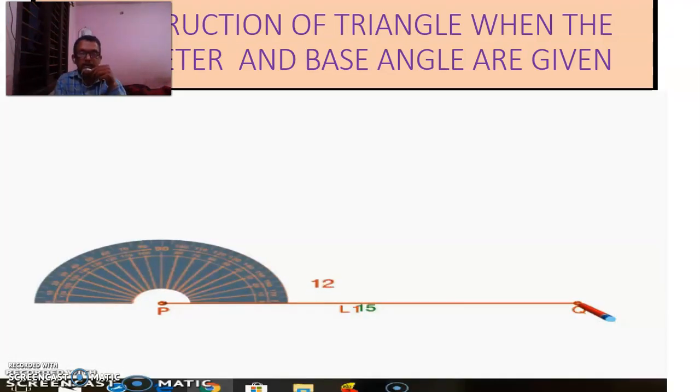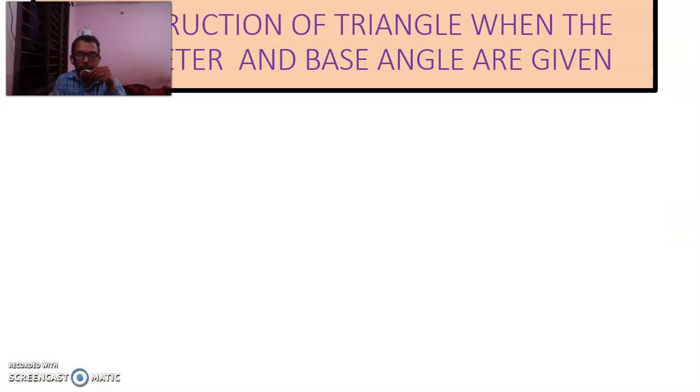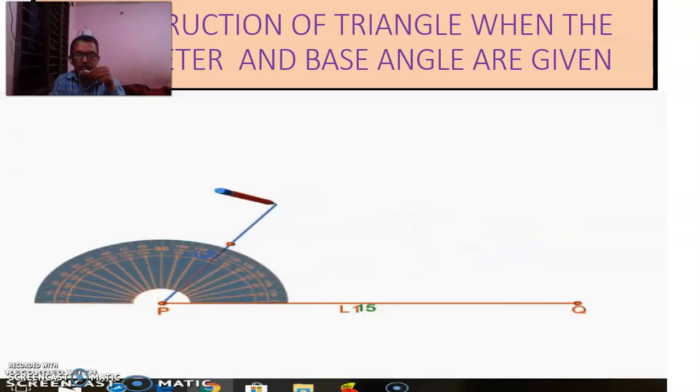Now I am constructing an angle 60 degree at P. So now join that point and produce up to some length. So now that length is L2. That angle is 60 degree.